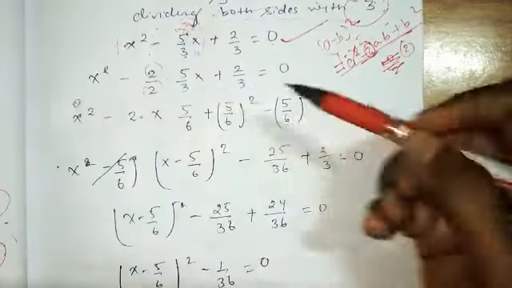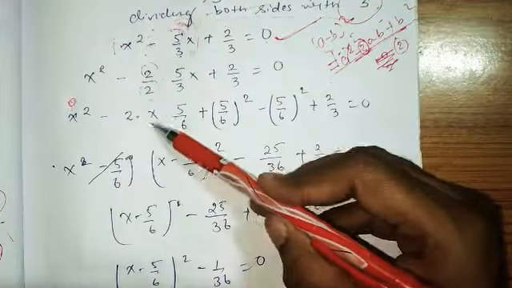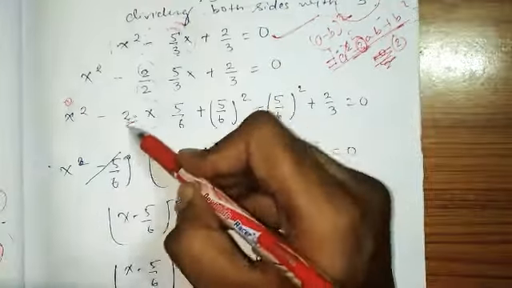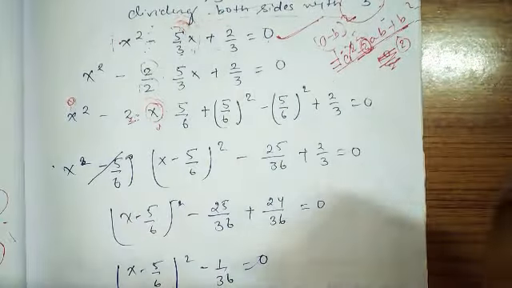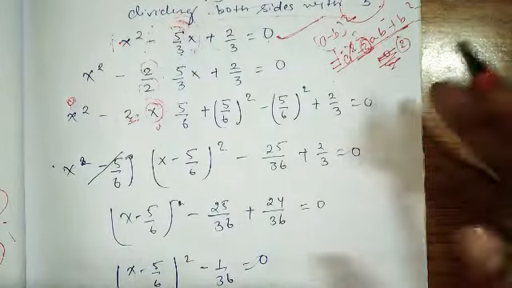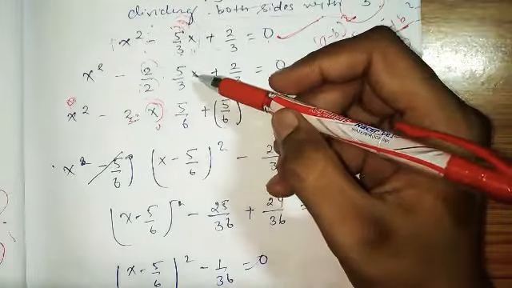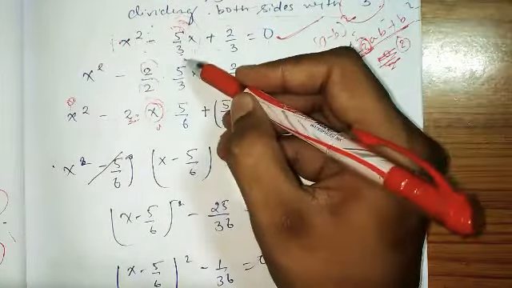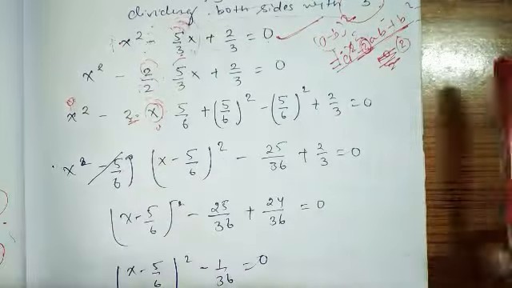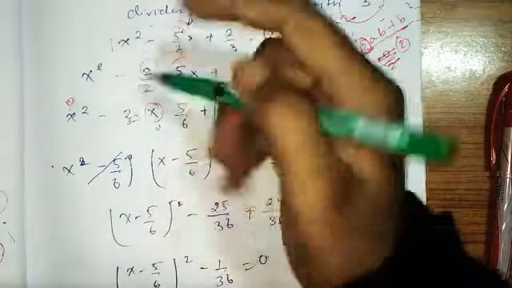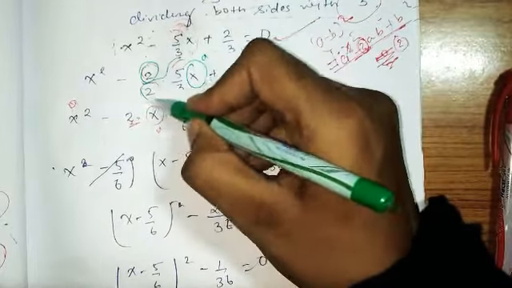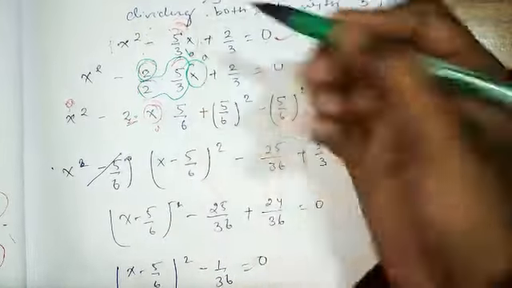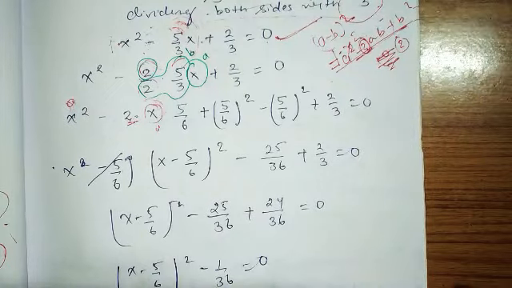So this is a, 2, a. And whatever leftover term, whatever the leftover number is, is our value of b. Okay, this is 2, and this is a, and the leftover term is b. Okay, I think I'm clear.